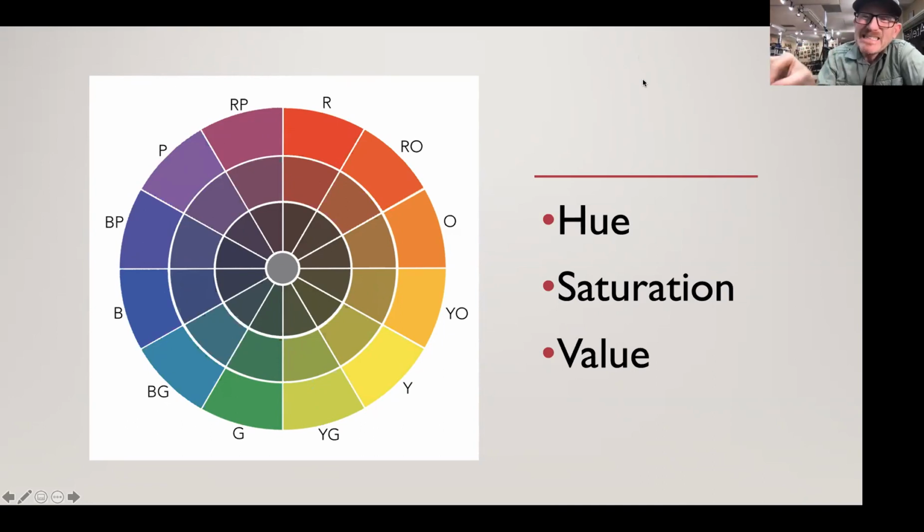Saturation is the intensity or the subdued or the subtleness of the color. So while we might think of an orange, the fruit, as an intense orange hue, a piece of wood might be a medium saturation orange, or if you look closely, you'll see that there's an orange quality to this little guy in here.